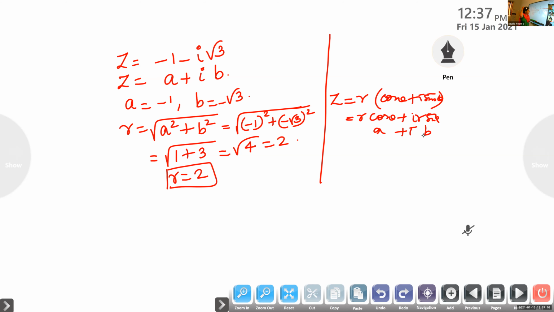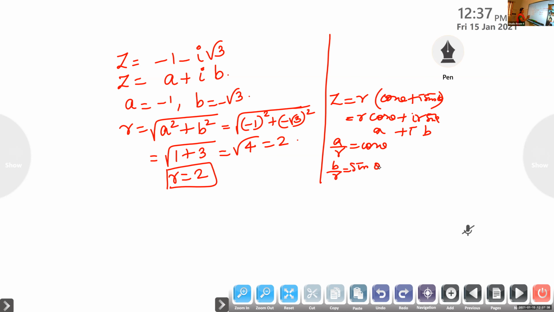So A is equal to R cos theta. Therefore, A by R is cos theta and B by R is equal to sin theta.